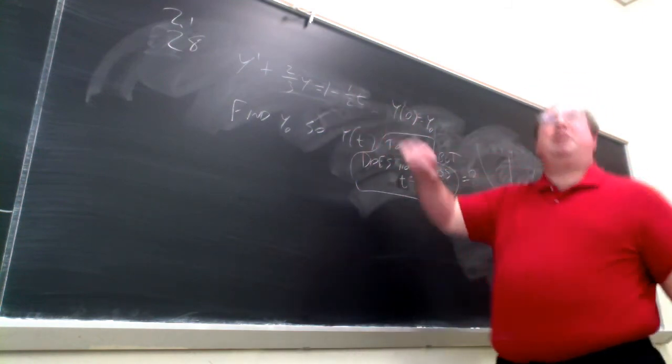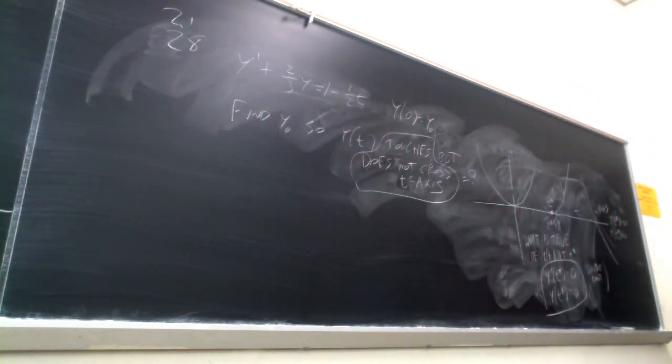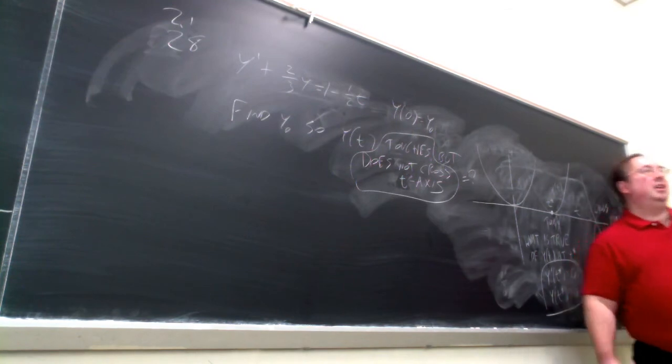You have some formula for y of t that involves y naught, and what you could do is set your solution equal to 0 at this unknown point t star, and then take its derivative with respect to t, also set that equal to 0 at t star, and try solving for your value of y naught from those two equations. That's the most straightforward way to do this problem.